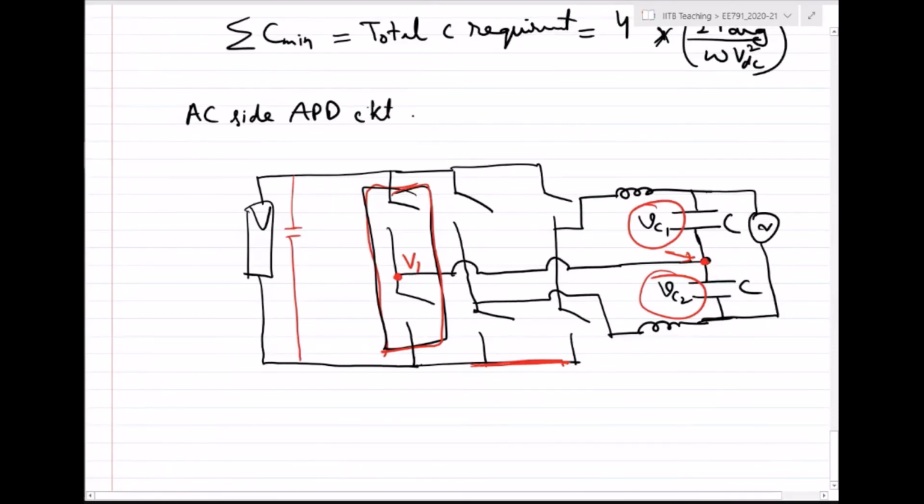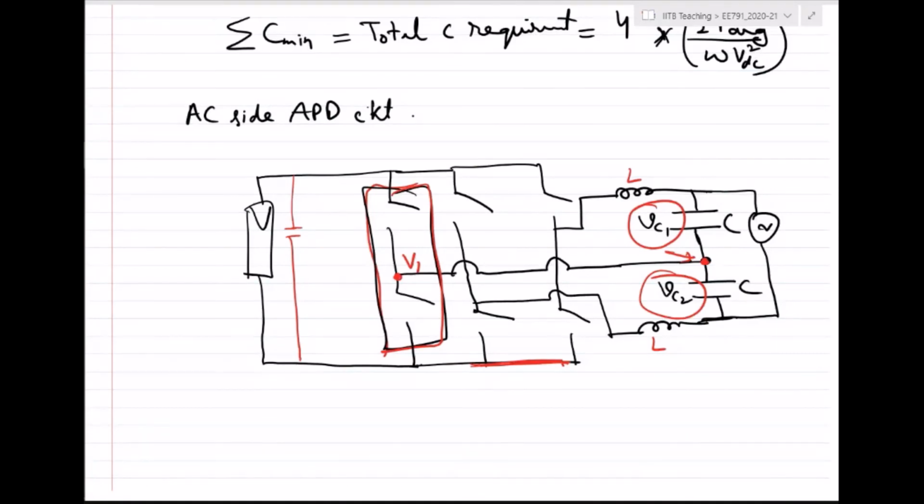Because we are adding these bulk energy storing capacitors on the AC side, these are called AC side active power decoupling circuits. You can still go with the same principles. Again, these L's are very small, so you assume they don't absorb any low frequency power ripple component.